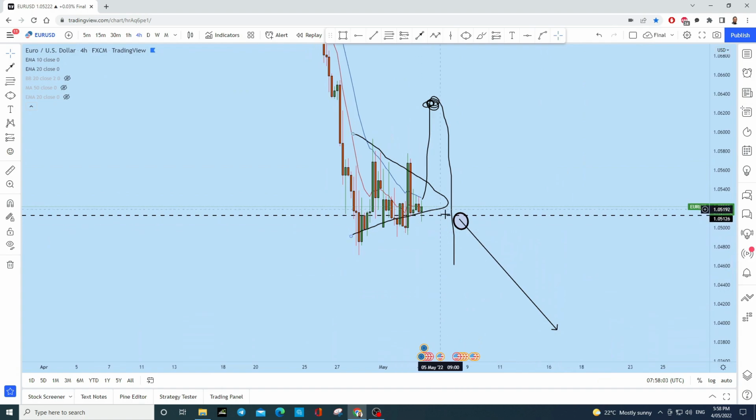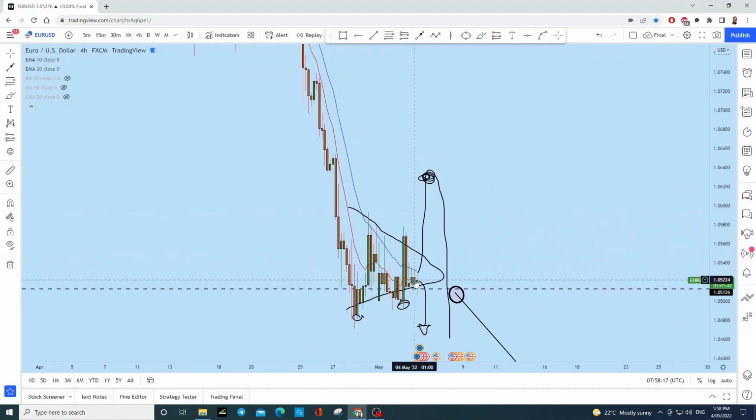On the other hand, if we see a clear breakout from here without any false breakout, we will also be considering going short on the retest of this previous support as a resistance. On the other hand, if the price finally breaks to the upside and changes its trend, which is less likely to happen, in that case we'll also be waiting to see whether it's a false breakout or a valid breakout. If it is a false breakout, we might see the price come back down and start to move down.